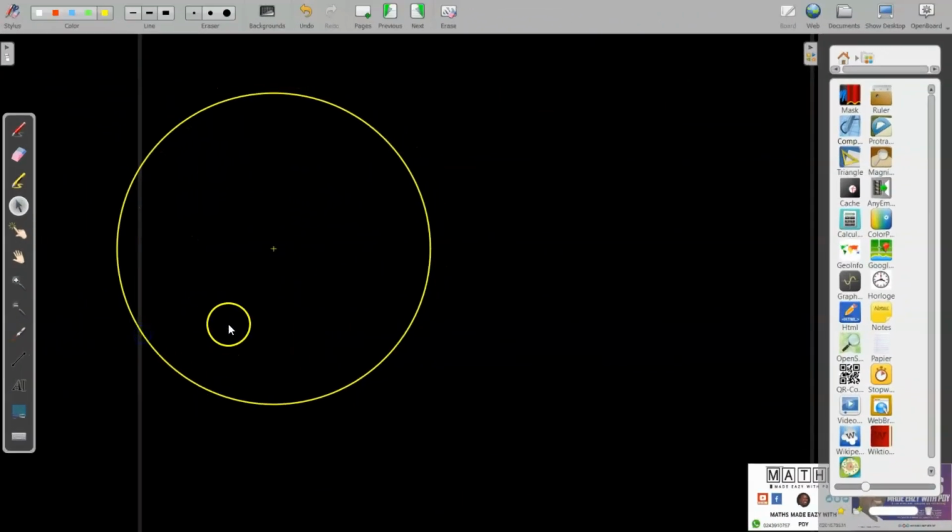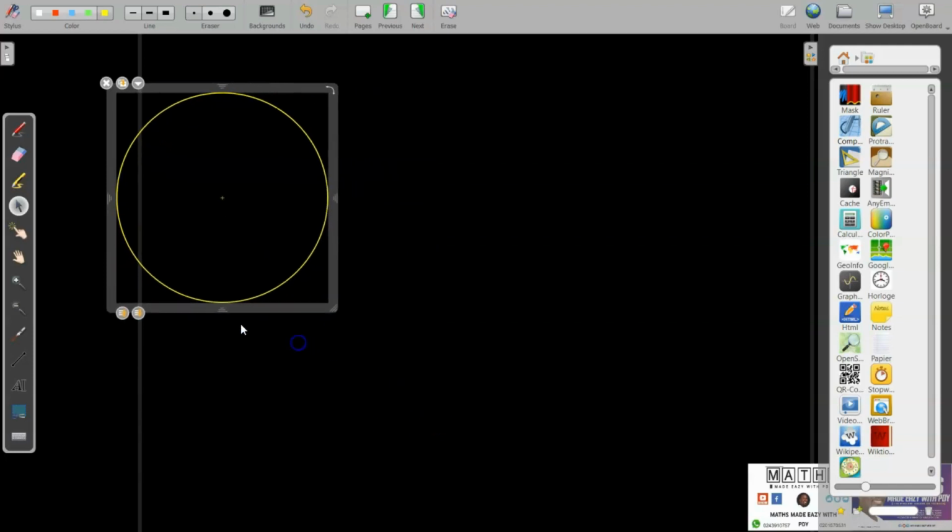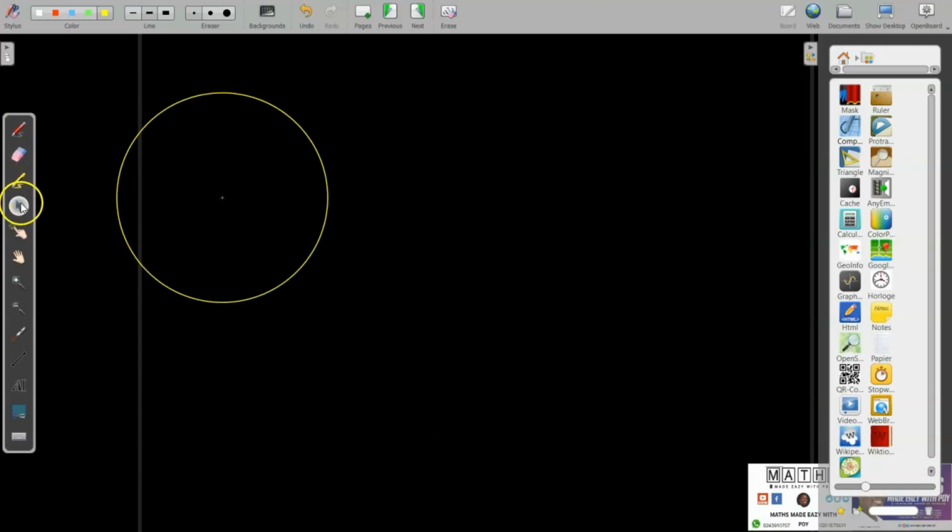So if this is your circle, let me reduce it a little, and this circle has a diameter, and the ends of the diameter are given as x1, y1, and then x2, y2.